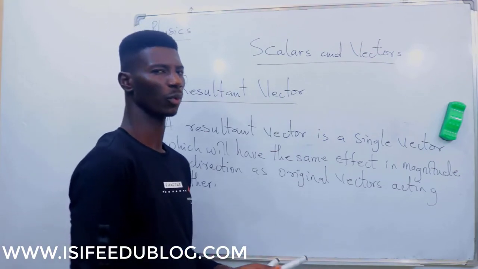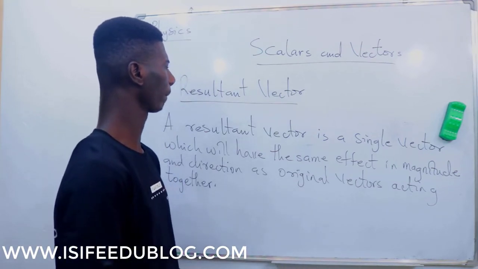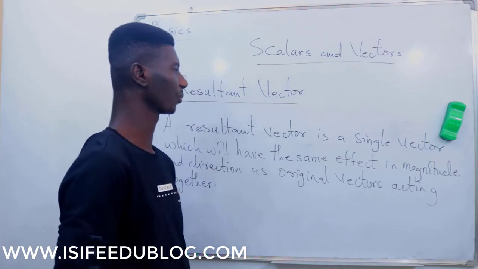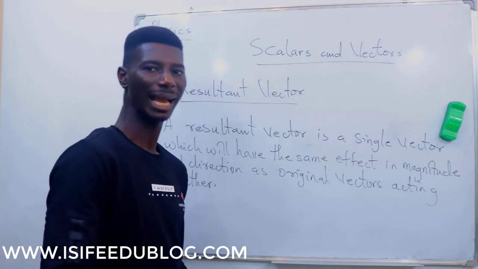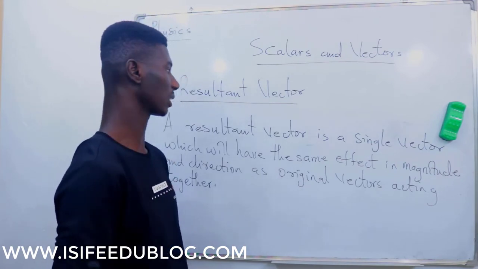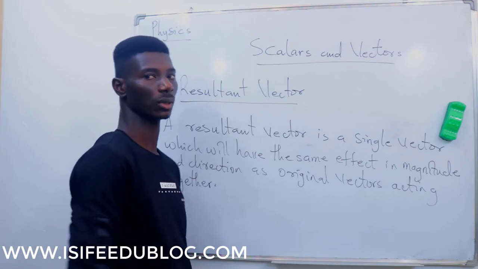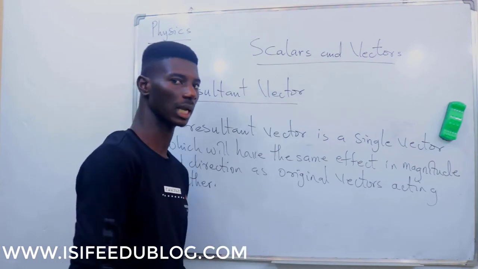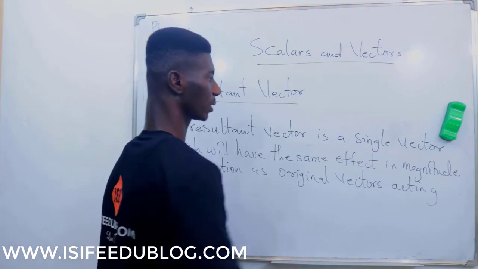Now quickly, we are going to know when a resultant vector is maximum. When do we add to get a resultant vector? When do we subtract to get a resultant vector? This is another part of vector you should take note of. Please be very, very careful. This will help us when we come to solve questions.